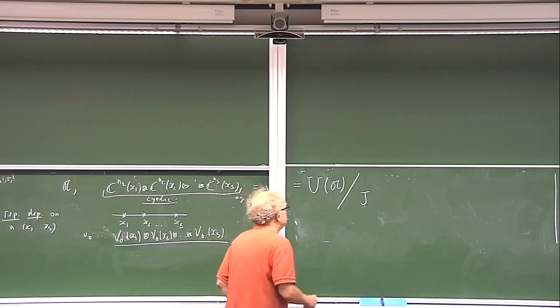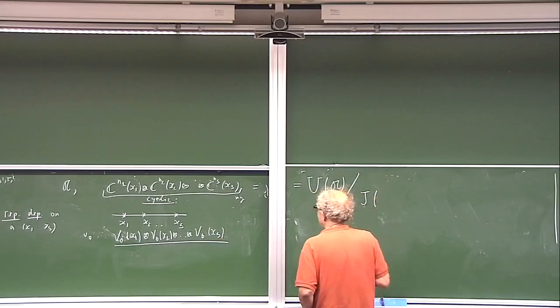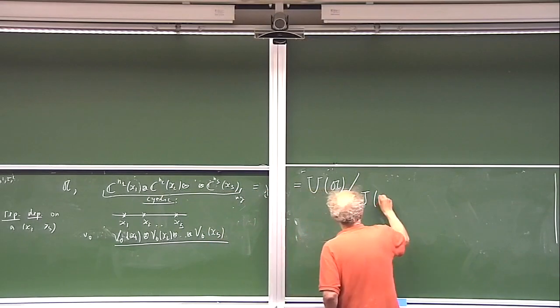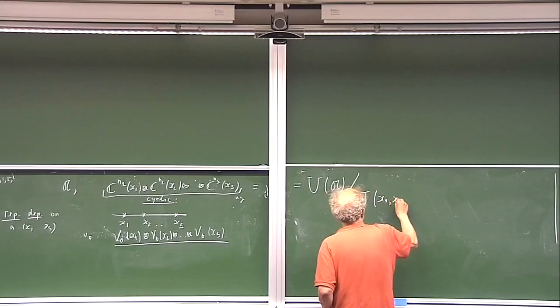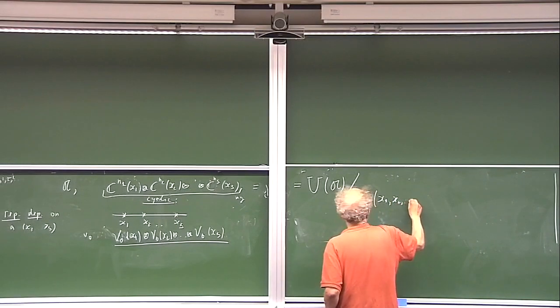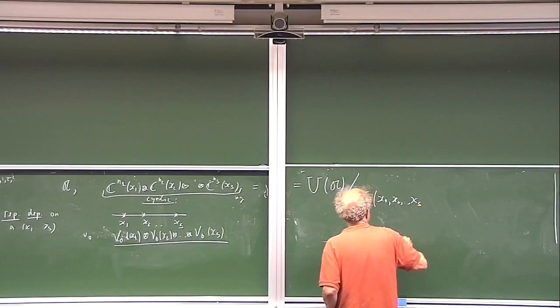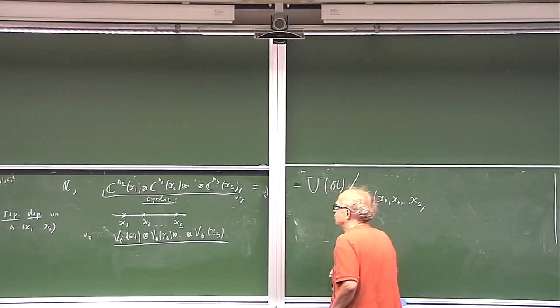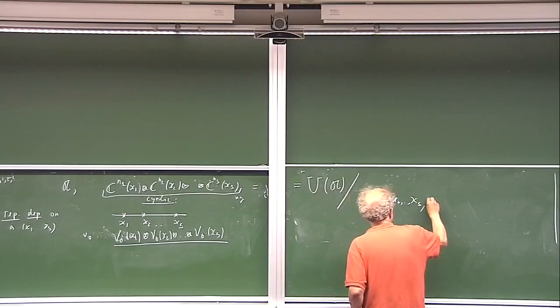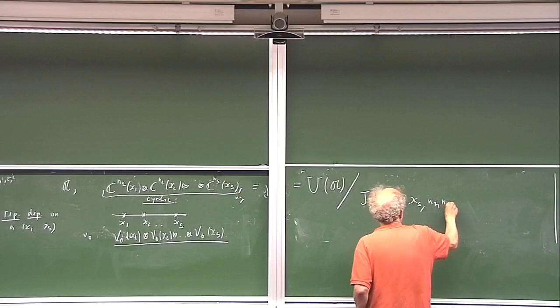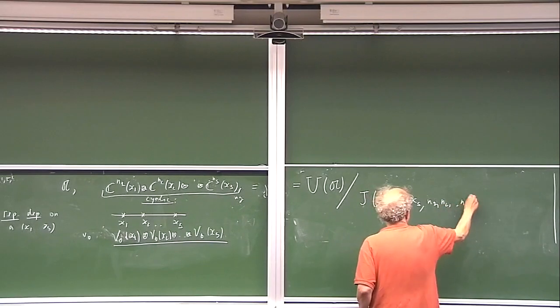And so surely this ideal depends on x1, x2, and so on, xs. And surely, through the choice of representation, it depends on n1, n2, and so on, ns.